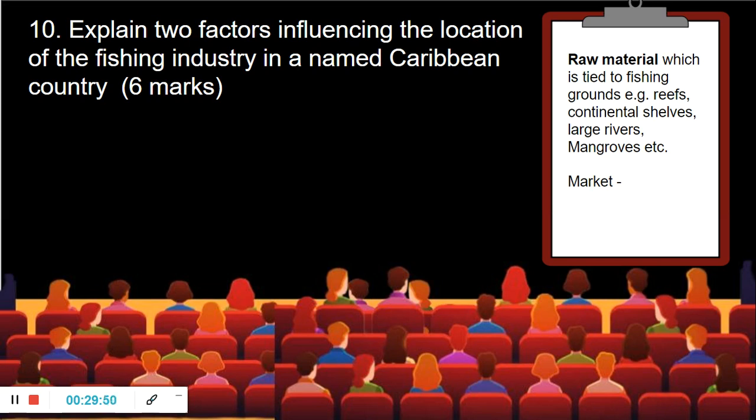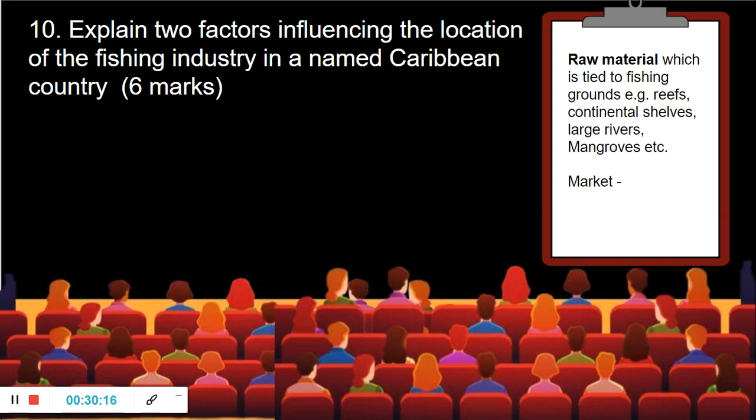All right, so if you talk about raw material, remember that the raw material itself is the marine life, right? The seafood itself, and that the marine life, the fish, for example, is tied to the fishing grounds.